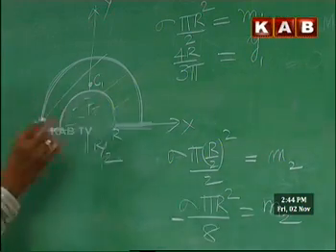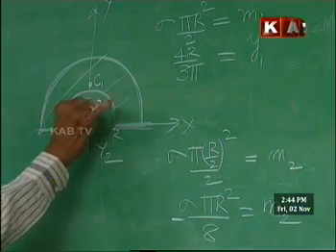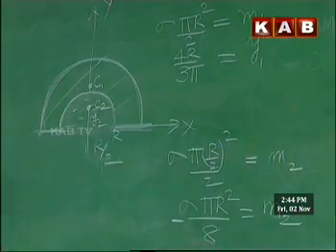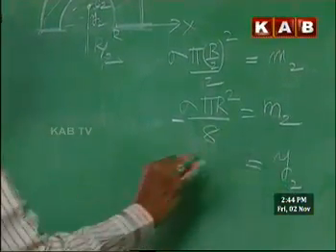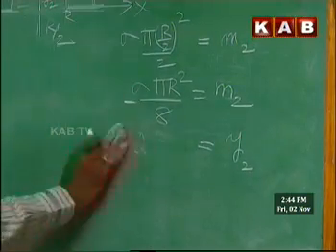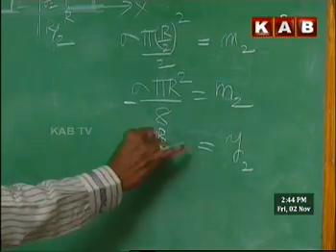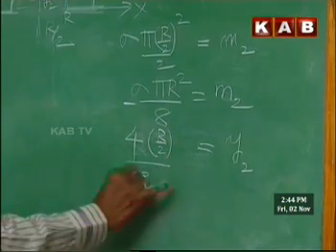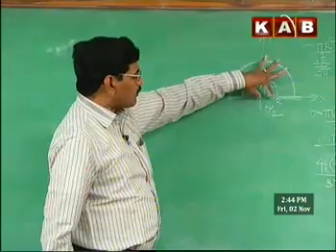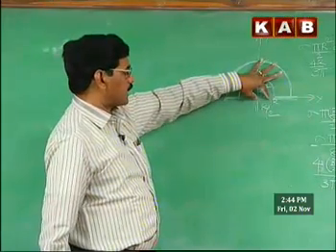Now if this is a disk, what is going to be its center of mass? The center of mass will be at a distance y2. Therefore y2 is going to be 4 into r by 2 by 3 pi, because r by 2 is the radius of the semicircle here.